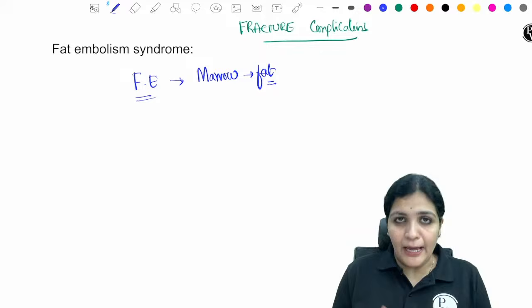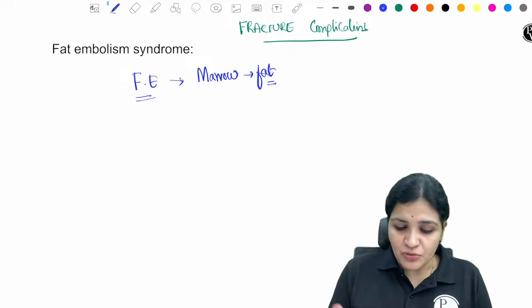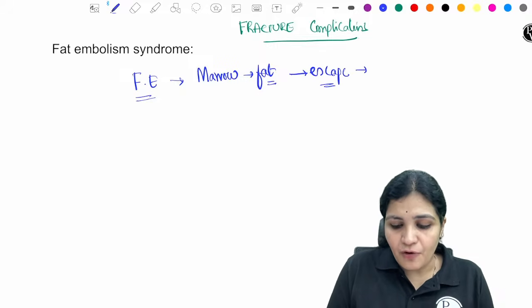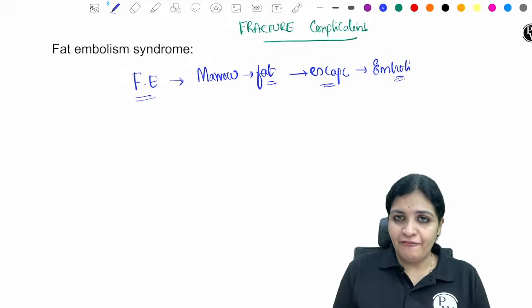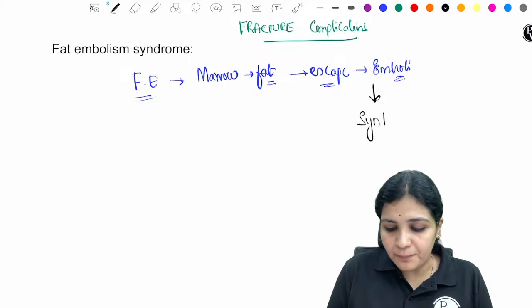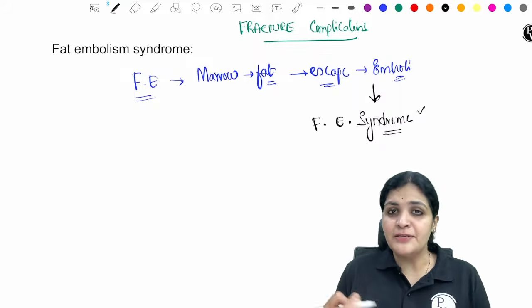Whatever marrow is present in the bone is made up of fat. This fat can sometimes escape, forming an emboli. That is why this is called a fat embolus. And whenever this results in a complication or systemic manifestation, that is called the fat embolism syndrome.